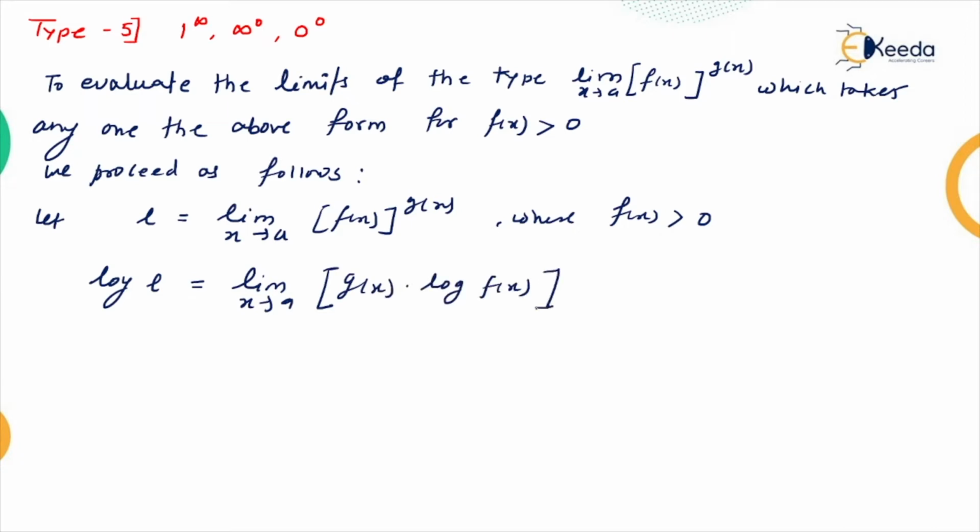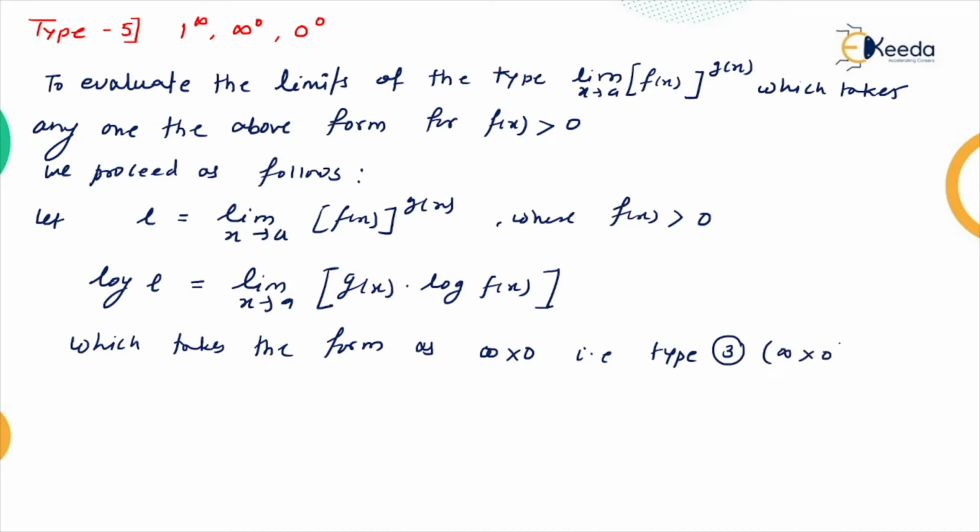We have to take just the log, and by the property of log, the power becomes multiplication with log of f of x. Which takes the form infinity into 0, that is type number 3, infinity into 0.